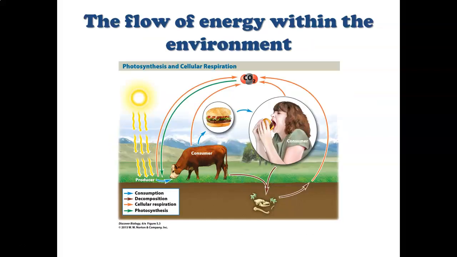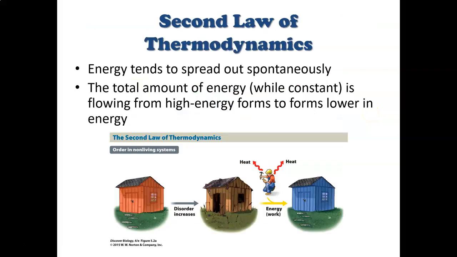A cell, like a plant, is taking sunlight and CO2, turning it into glucose and oxygen, and then the consumers take the glucose and oxygen and turn it back into CO2 and energy. But the energy that goes in during photosynthesis is solar. The energy that comes out in respiration is ATP.